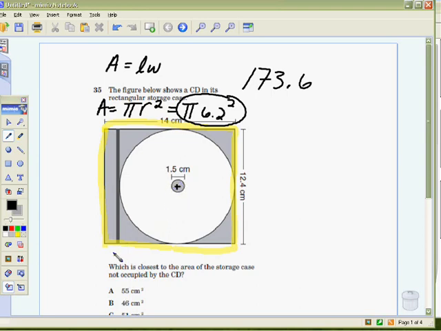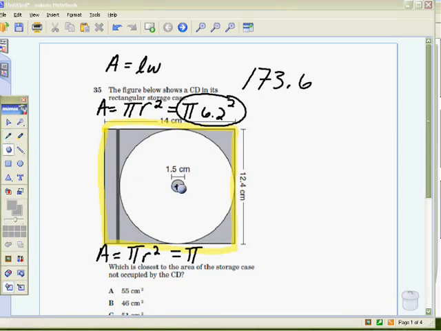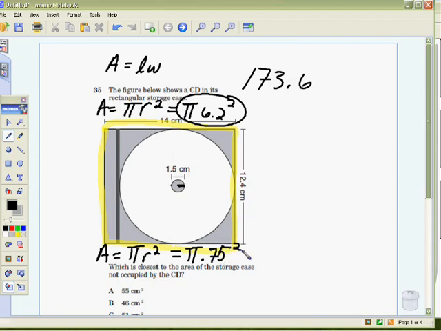So again, it's a small circle, and the area of a circle again is pi r squared. So I have pi times my radius, which in this case my diameter is 1.5. Remember, the diameter goes from the side to the side going through the center. So I need half of that, which in this case is going to be 0.75. So my r is 0.75. And I want to square that as well.